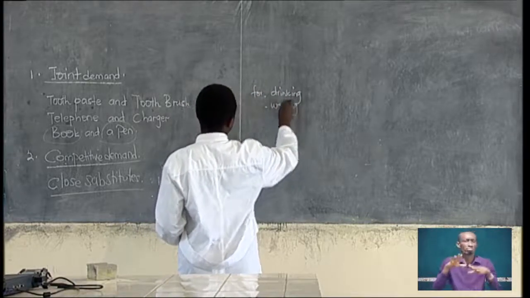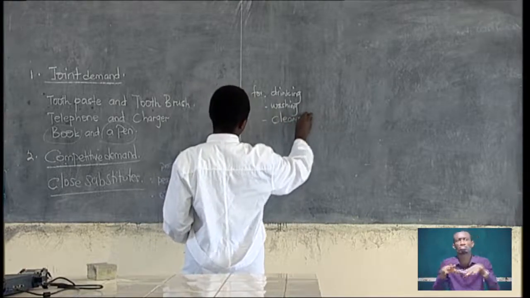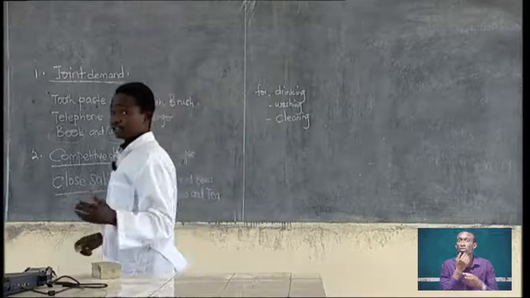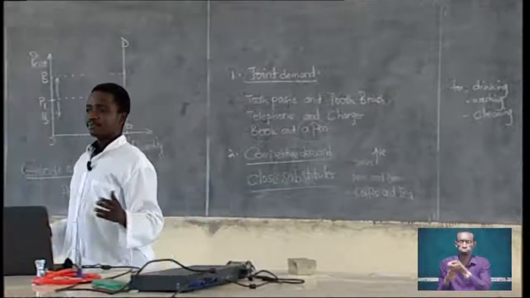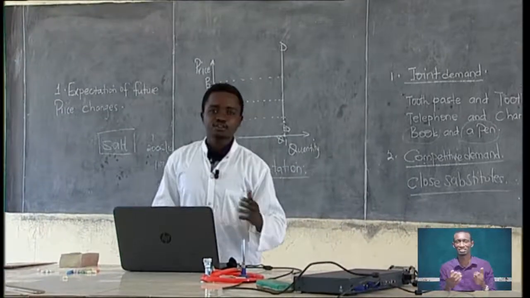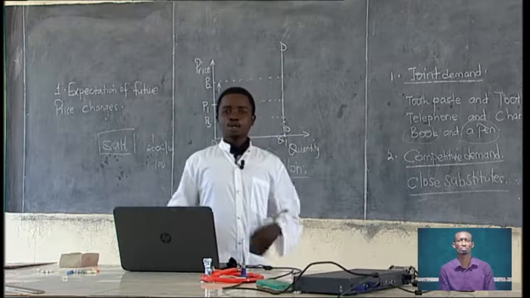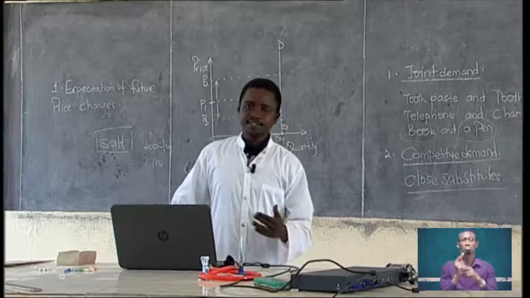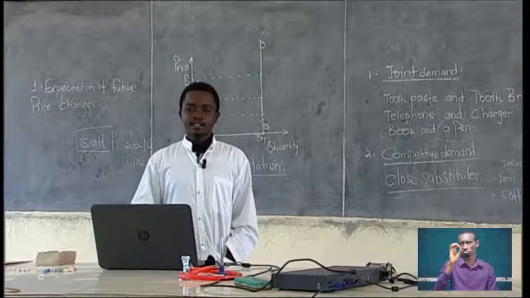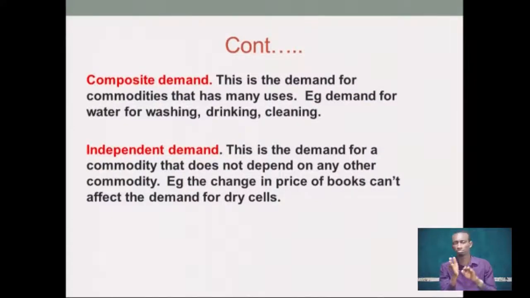You may demand water for maybe cleaning. So this is composite demand. Demand for a commodity that serves many purposes, that has multiple uses. That is composite demand. Then we have independent demand.